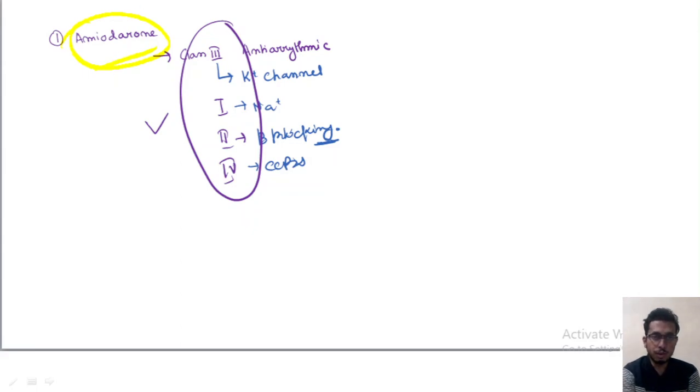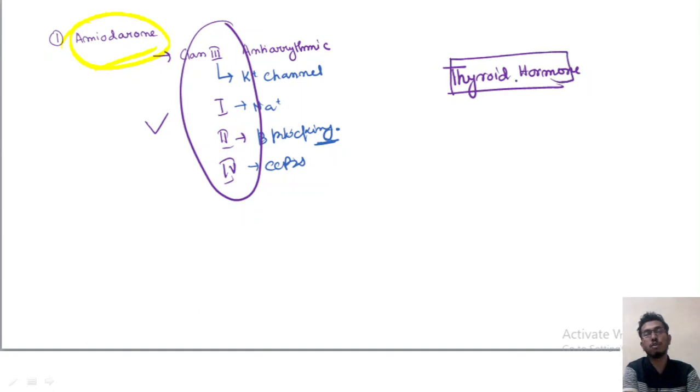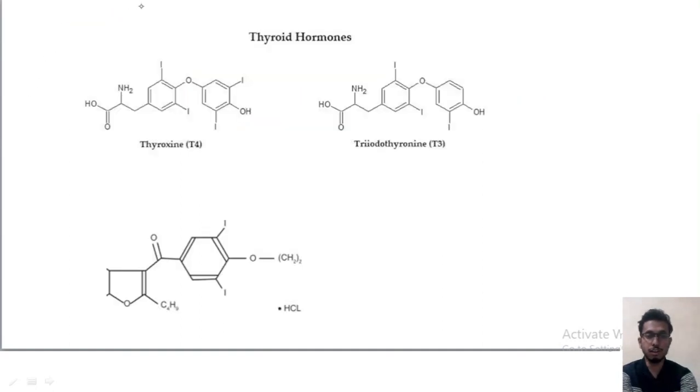Now the issue with amiodarone is that it is structurally related to thyroid hormone. That's why it has a lot to do with thyroid metabolism and function in the body. Now coming to the structure, we will just discuss the very basic thing.